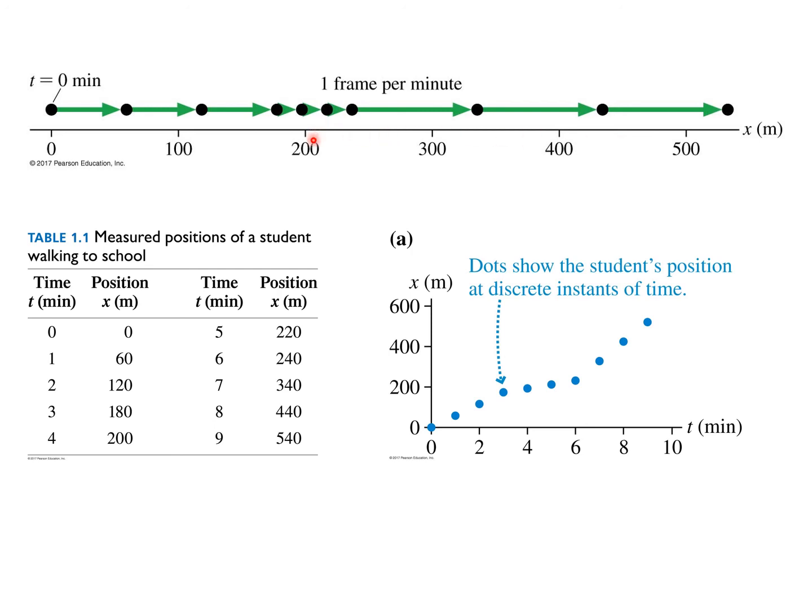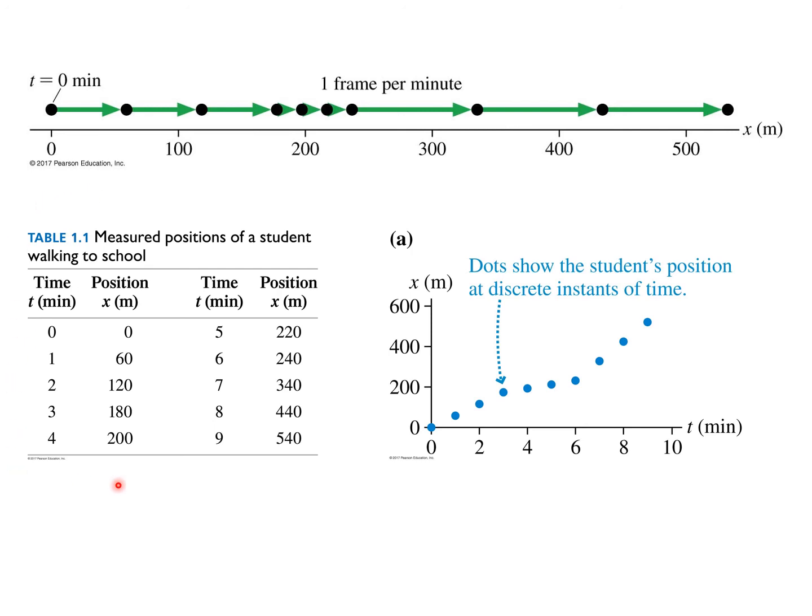If I look at one of these points, let's say this one here, unless I get a ruler and measure out values, I'm not going to know exactly what this is. I can guess, I'd say it's maybe 330-ish meters, but I don't know the exact value. And I'm going to have that same problem coming up a lot. So maybe this isn't the best way to represent my data.